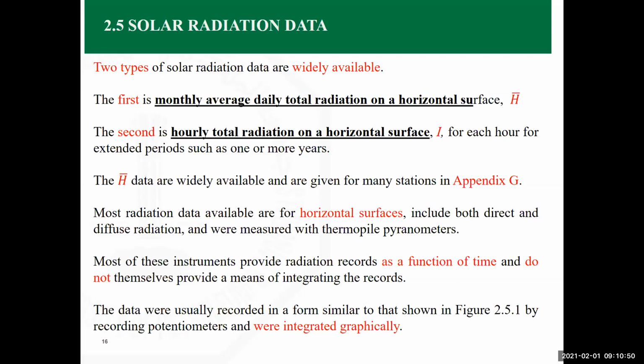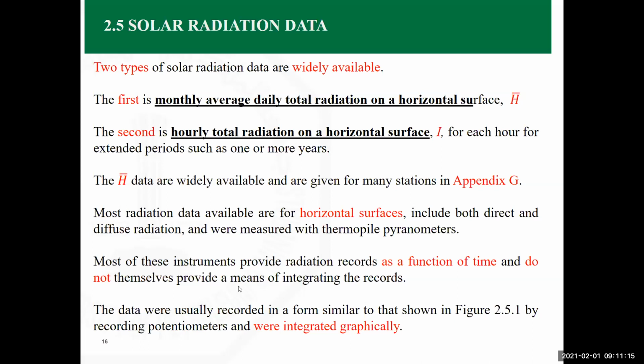Again, most of it will be radiation on a horizontal surface because this is the origin. If you need the radiation on a tilted surface, you can work that out later. But at least you need raw data of radiation on a horizontal surface for every latitude, and each station is located at a different latitude.